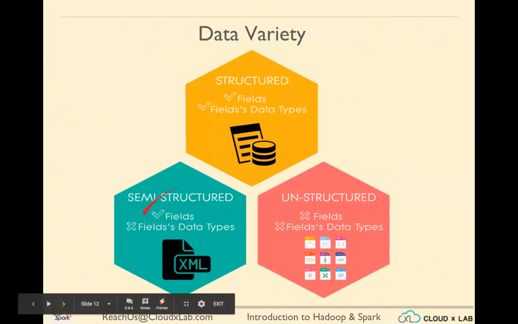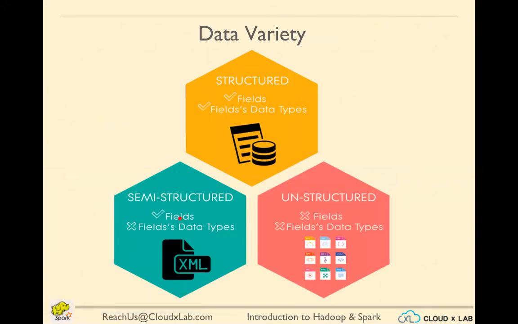And somewhere midway, we have semi-structured data. What does it mean? In semi-structured data, we know what the fields are, but we do not know their exact data types. It looks more like a tabular structure, but not always.